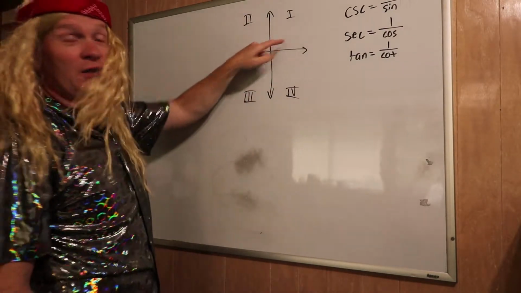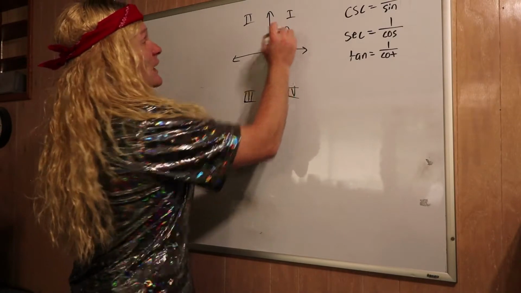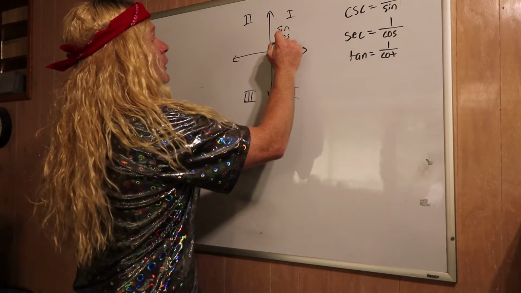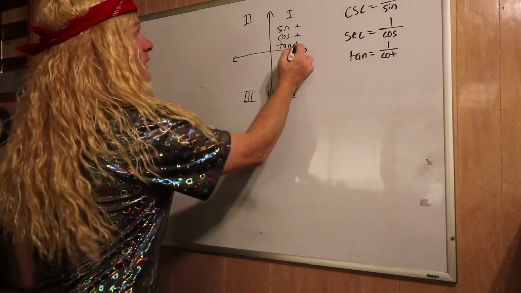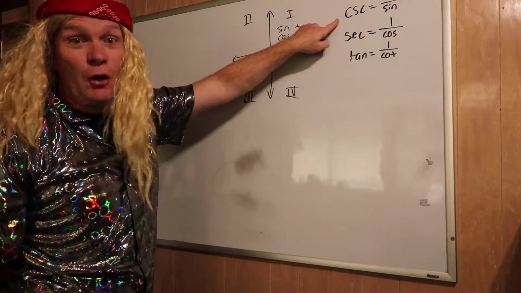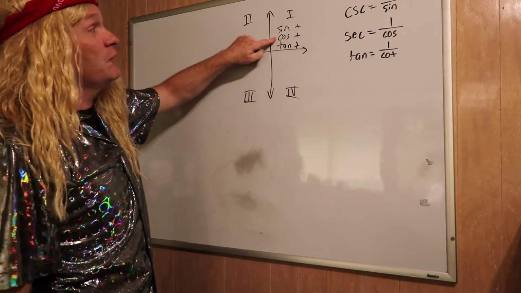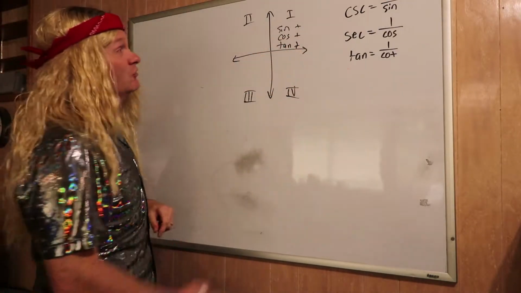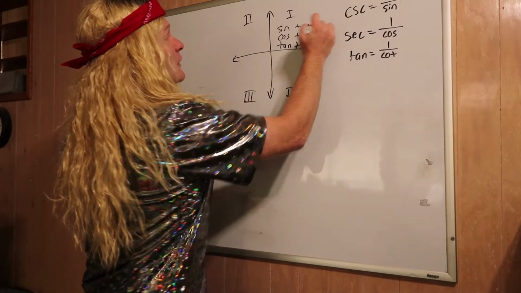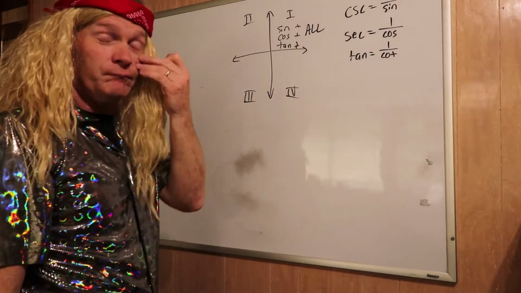In this first quadrant here, sine is positive, cosine is positive, and tangent is positive. If sine is positive, that means cosecant's also positive. If cosine is positive, that means secant is. If tangent's positive, that means cotangent is. So in this first quadrant, everything is positive, okay?